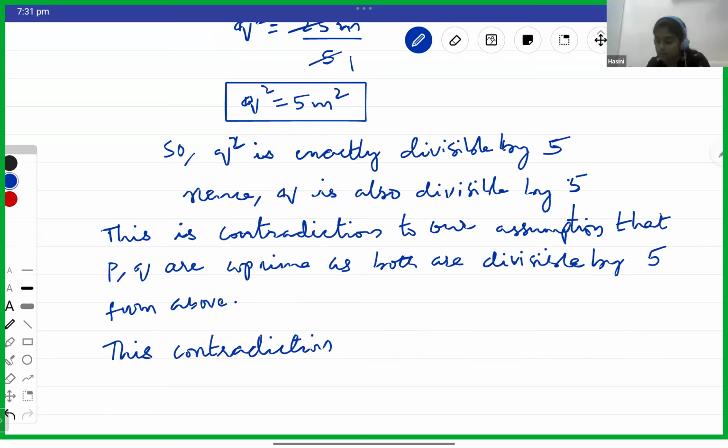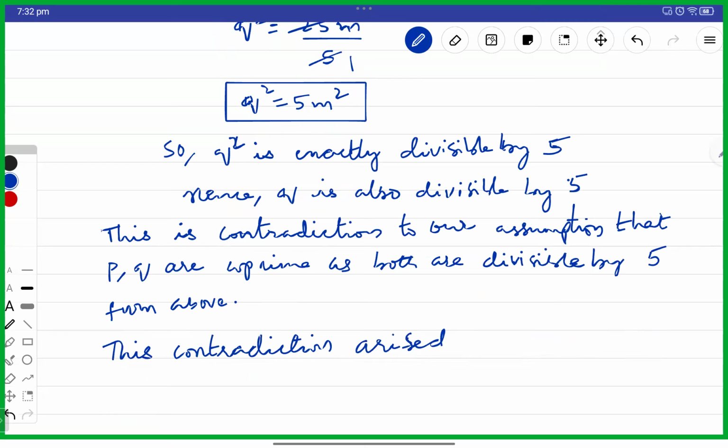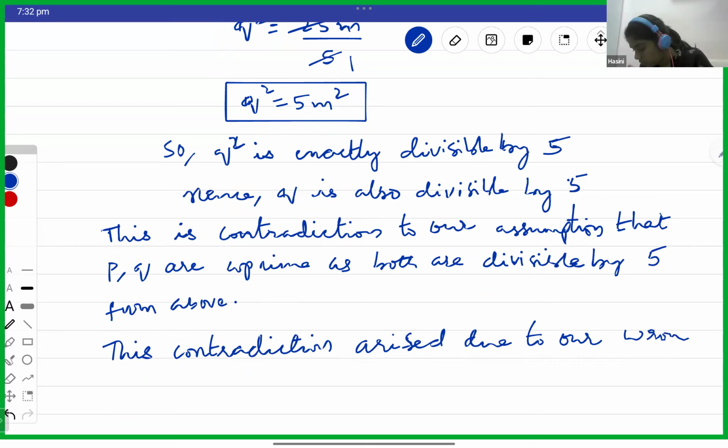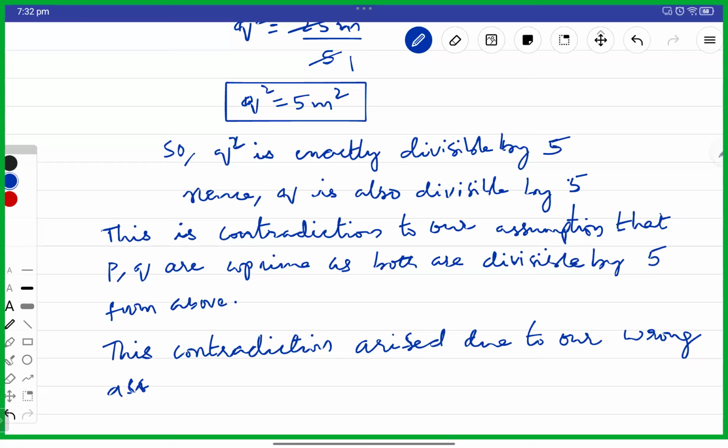This contradiction arose due to our wrong assumption that root 5 is a rational number.